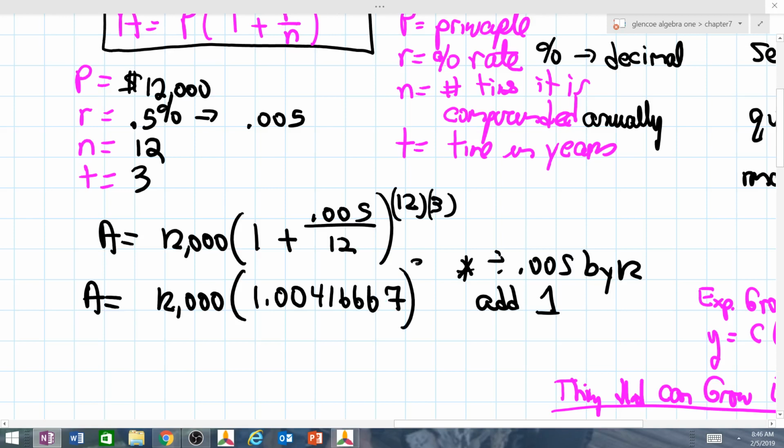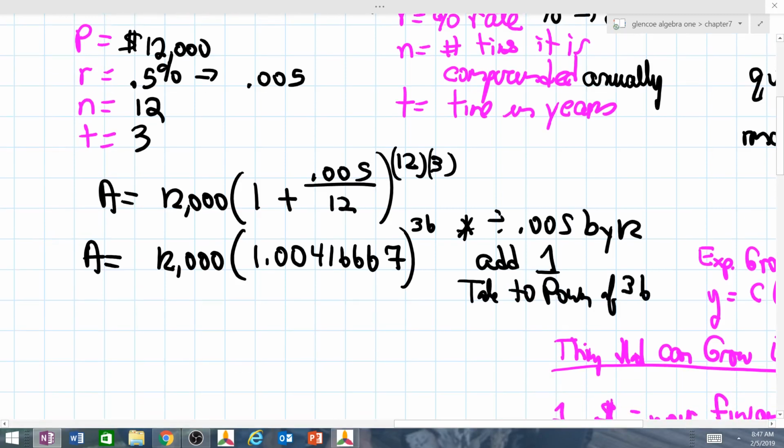And now you're going to take that, again, don't clear anything. Now take that whole thing and raise it to the power of 36. And you should get 1.015109893. Yes? We're not rounding anything.